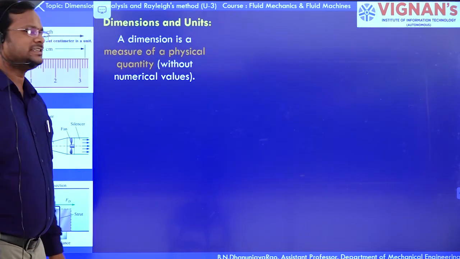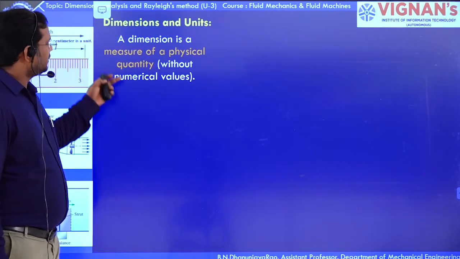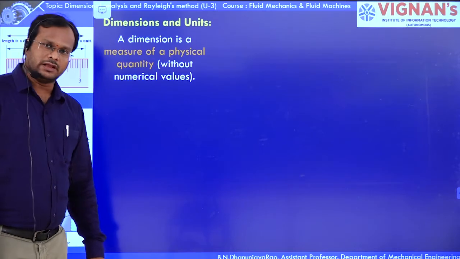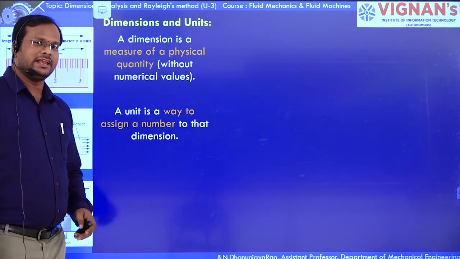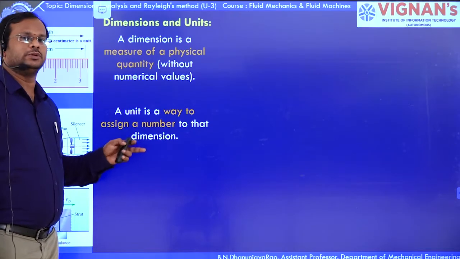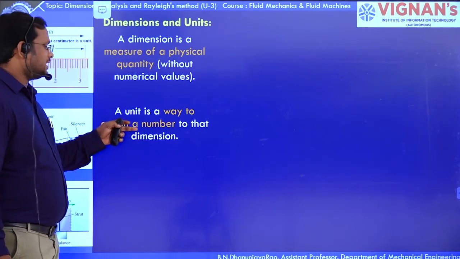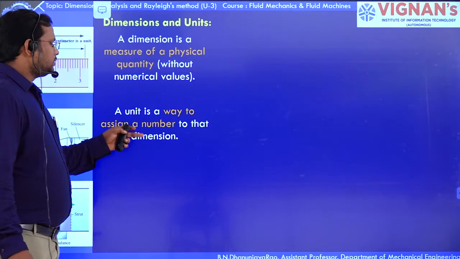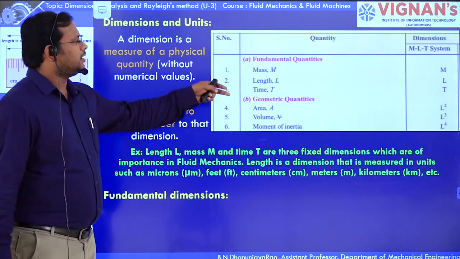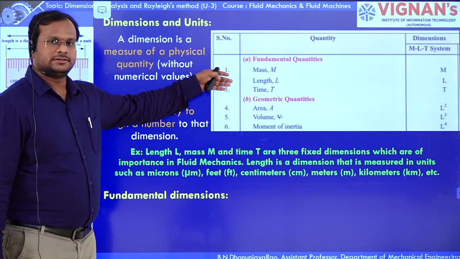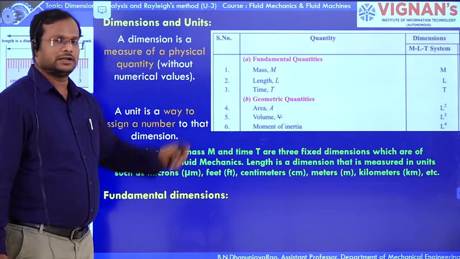A dimension is a measure of a physical quantity without numerical value. A unit is a way to assign a number to the dimension. Here are some of the fundamental quantities and some geometric quantities.